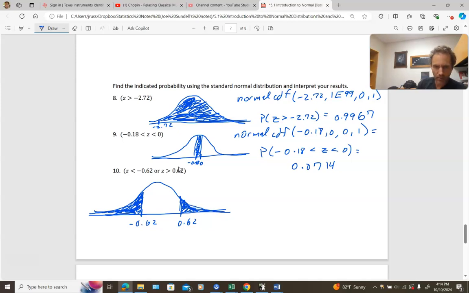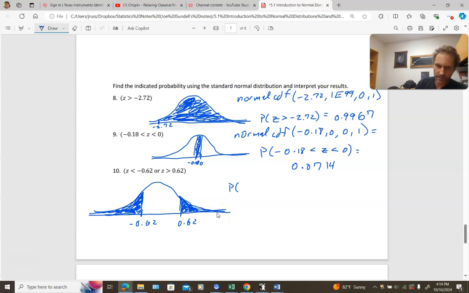Okay. Now I want you to notice that the amount of area that's in the left tail will be the same as the amount of area that's in the right tail. So what you could do is just find the amount of area that's in one of these tails and double it. Or you could think about that addition rule. Because these are mutually exclusive events, z cannot both be less than this value and greater than this value.